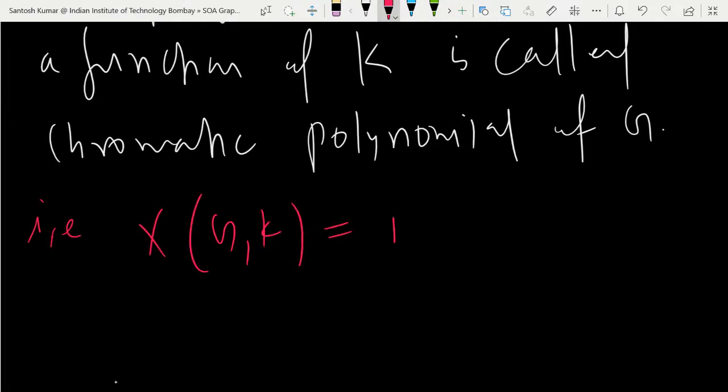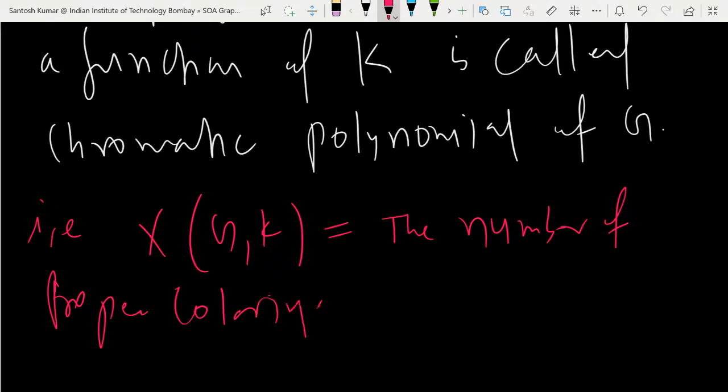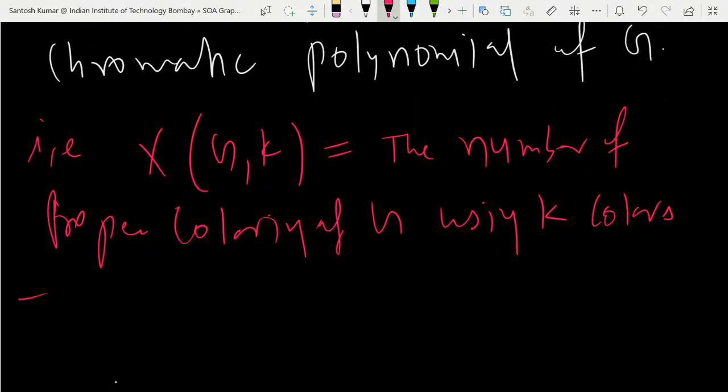Earlier we were saying this chi(G,k) was the number of proper colorings of G using k colors, or k available colors. So there were k total available colors.